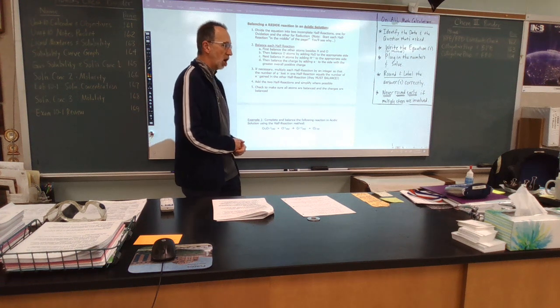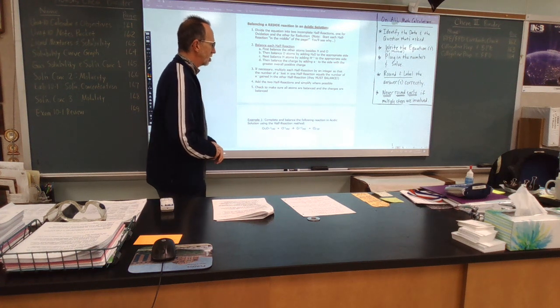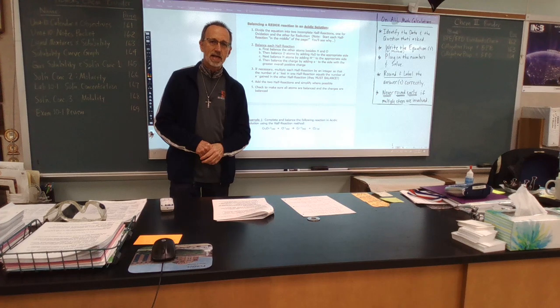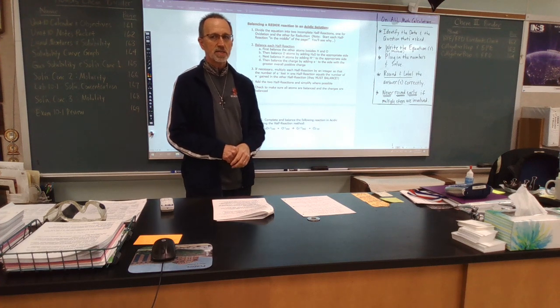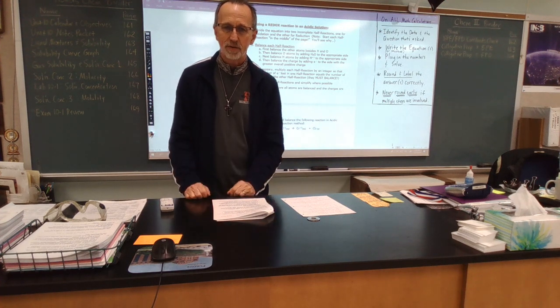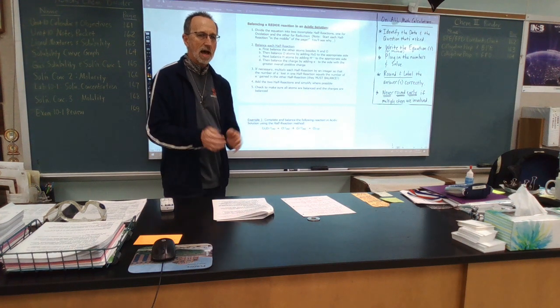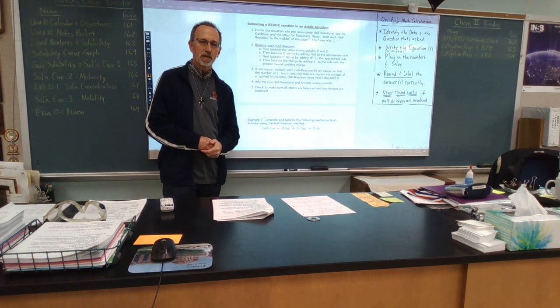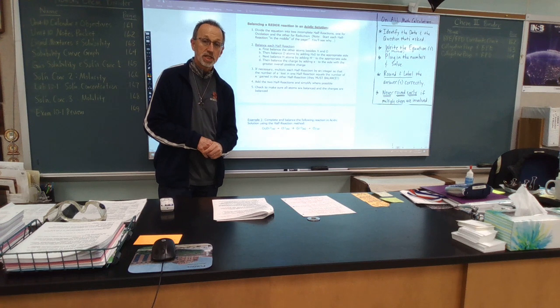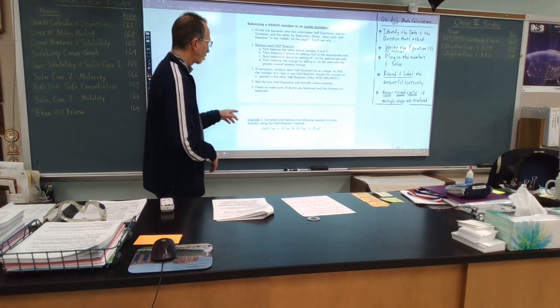Fourth, balance the charge by adding electrons to the side with the greater overall positive charge, so that the charge is equal, in addition to the atoms and ions being equal.